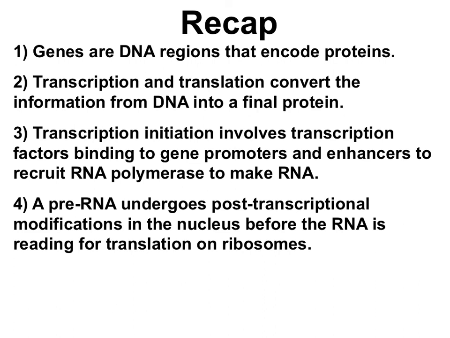Transcription initiation involves transcription factor proteins binding to promoter DNA and enhancer DNA to help recruit the big builder enzyme, RNA polymerase, to make RNA. What's made by RNA polymerase is the pre-RNA, and that pre-RNA must undergo 3 post-transcriptional modifications inside of the nucleus before the mRNA becomes a mature RNA that can be translated on ribosomes into proteins.